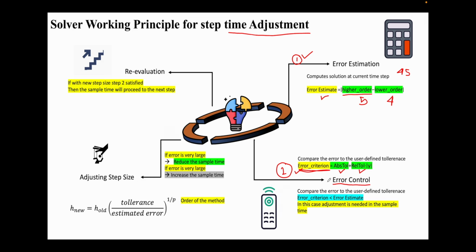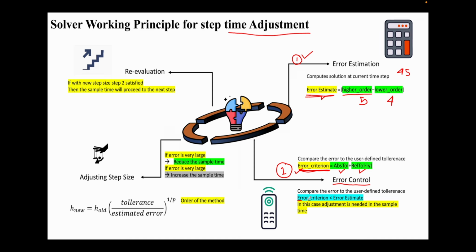Here you will be telling whether the error is enough, or very high, or very low, by comparing with the estimated error. In the previous step we decided the estimated error, and in this step we already have the error criterion.